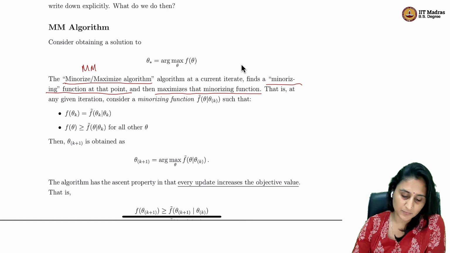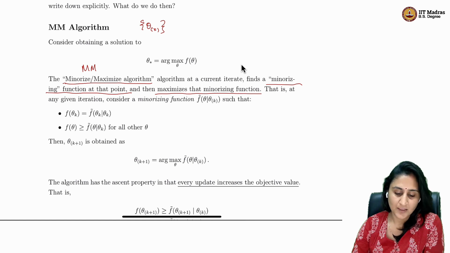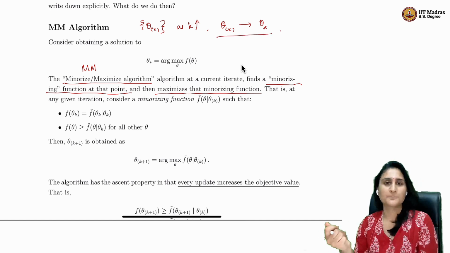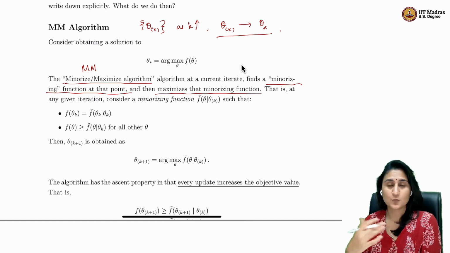So just to understand, we're still in that framework where we're going to construct a sequence theta k with the hope that as k increases, theta k should converge deterministically to my theta star. Right? This is what we're looking for. In the Newton-Raphson algorithm, when we have a concave objective function, this holds true.